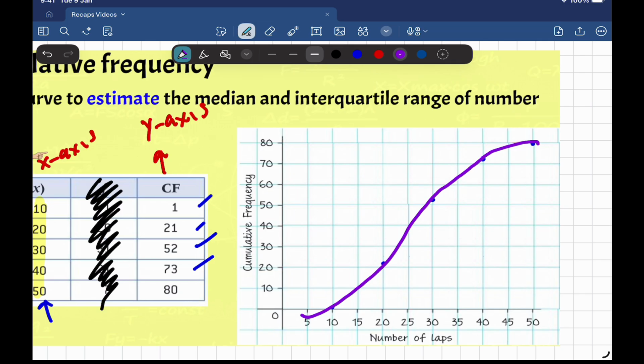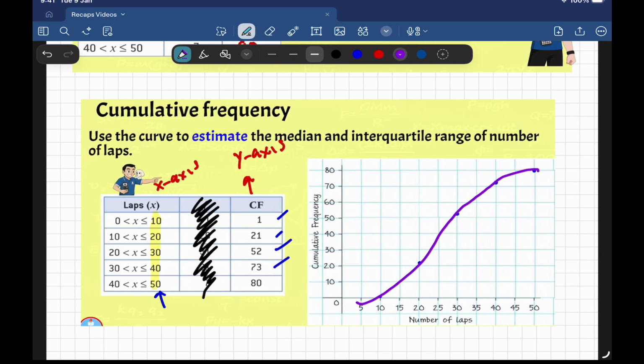Okay, so this is my cumulative frequency curve. Once we have the cumulative frequency curve, we can use it to make estimations.